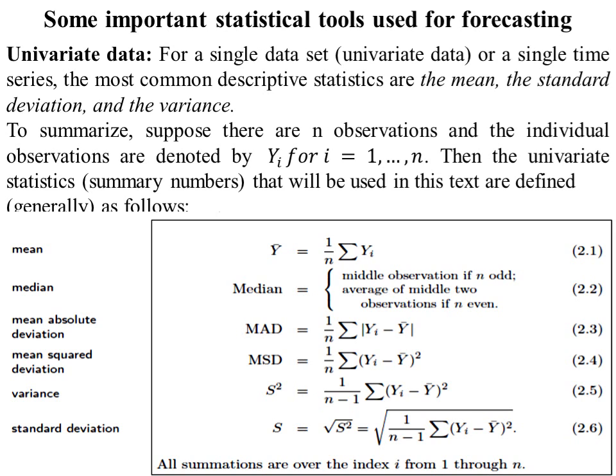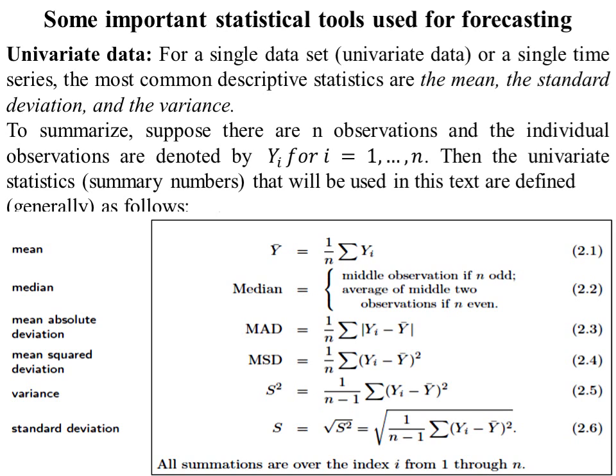But when we move to the measures of variation, firstly, mean absolute deviation: M for mean, A for absolute, D for deviation. When we explain what is meant by the mean, we say that any mean is equal to the sum of observations, or what we want to measure, over the number of observations.